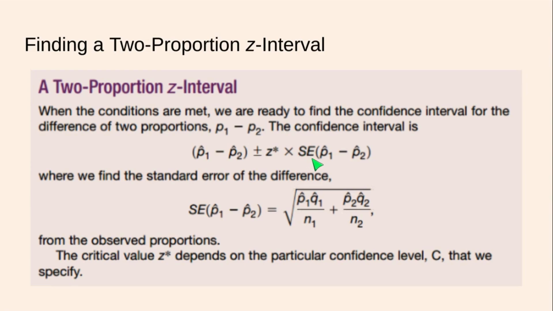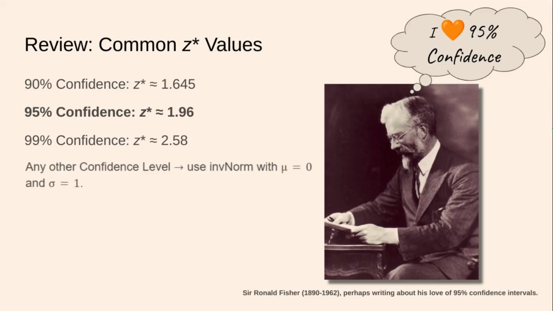All right, so that is familiar to you, but it's a special standard error. It's a standard error for the sampling distribution of the difference of sample proportions, all right, which you will note, if you've been paying very close attention, is different than the standard error for the sampling distribution of one sample proportion.